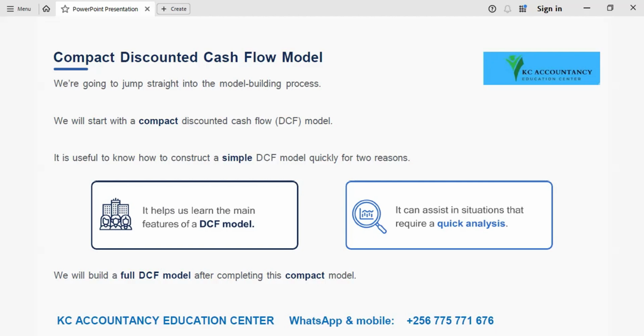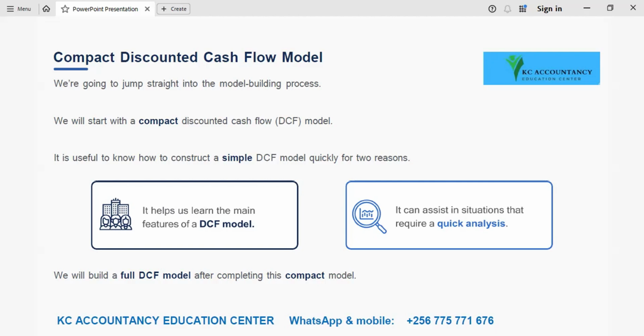It is really important to know how to construct one of these compact or simple DCF models quickly, for a couple of reasons. First of all, one of these simple or compact DCF models can really help us learn the main features of the DCF model without getting distracted by some of the complexities within the full DCF model.